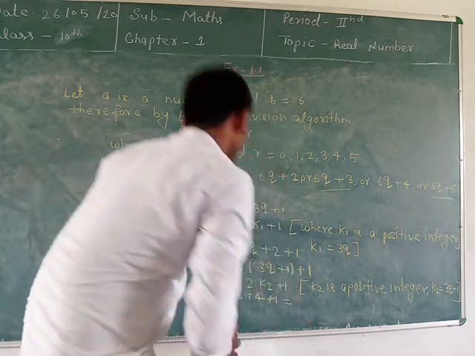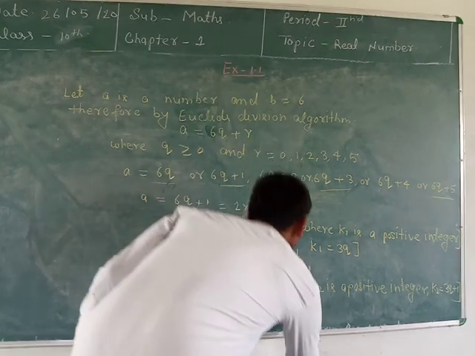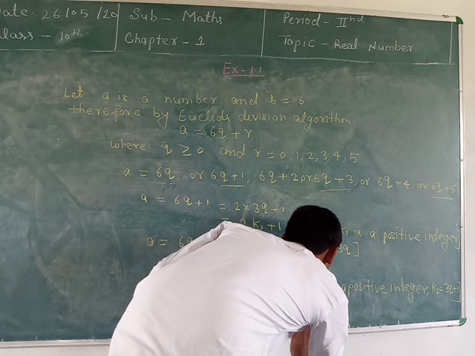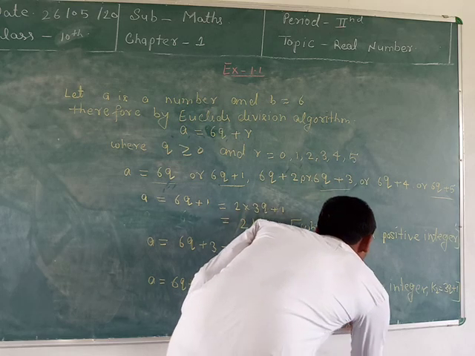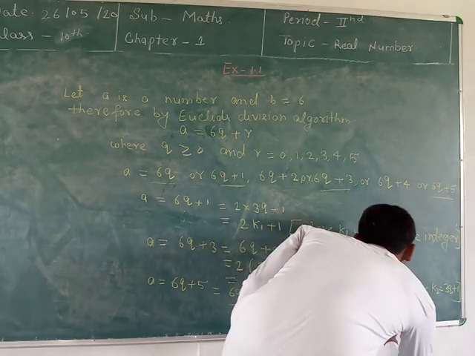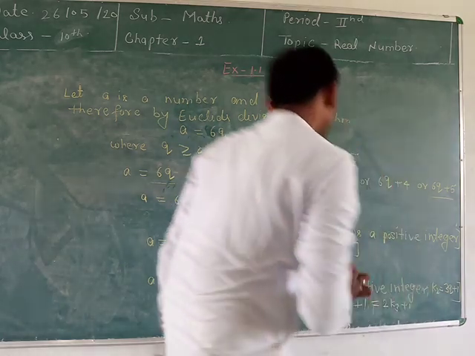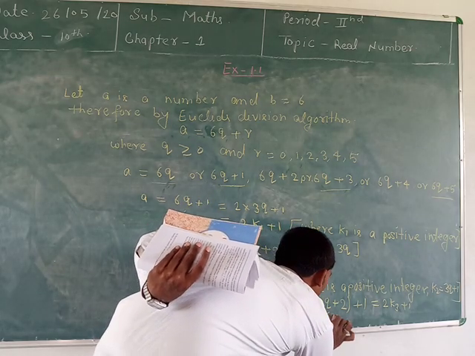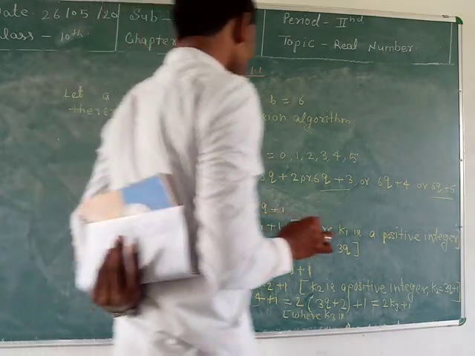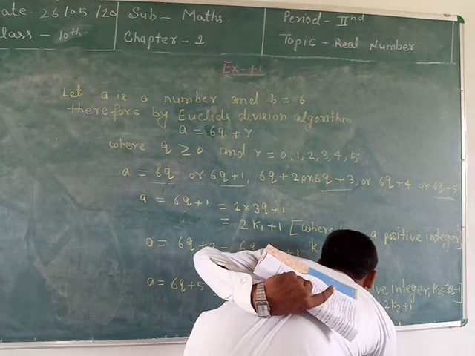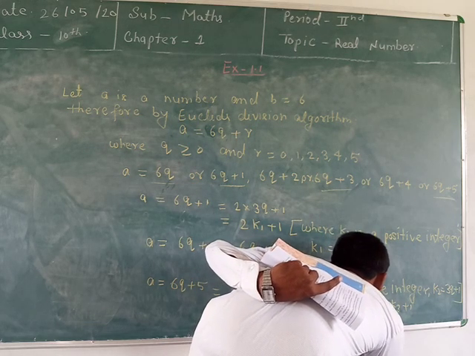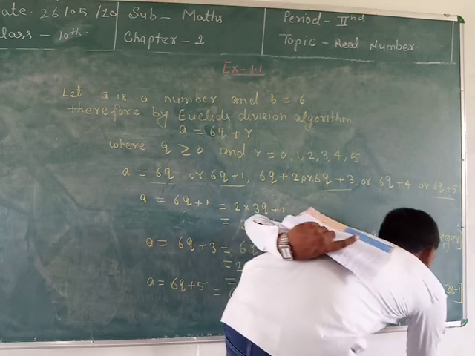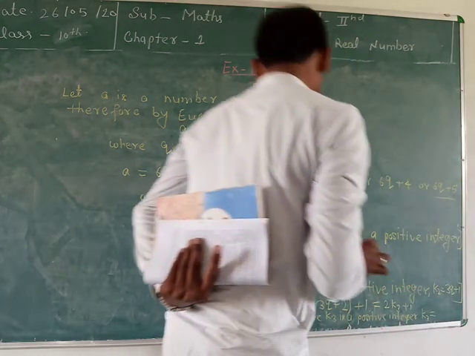If we take 2 common, then we can write this 2 times 3q plus 2, plus 1, that is 2k3 plus 1, where k3 is a positive integer whose value is k3 equal to 3q plus 2.